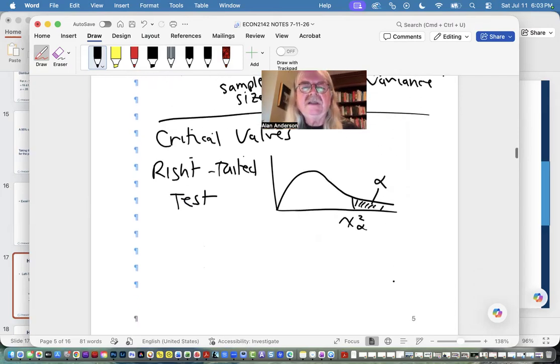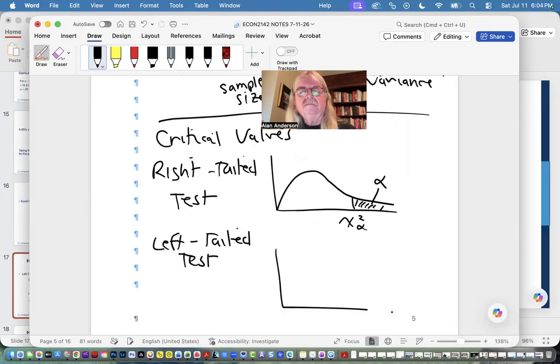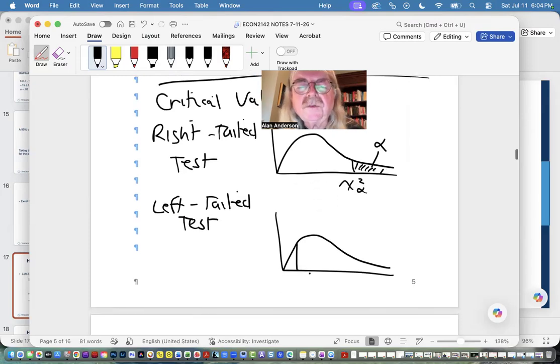The right tail is alpha. For the left-tailed test, this one is referred to as chi-square 1 minus alpha, because this area is alpha, which means the right tail is 1 minus alpha.